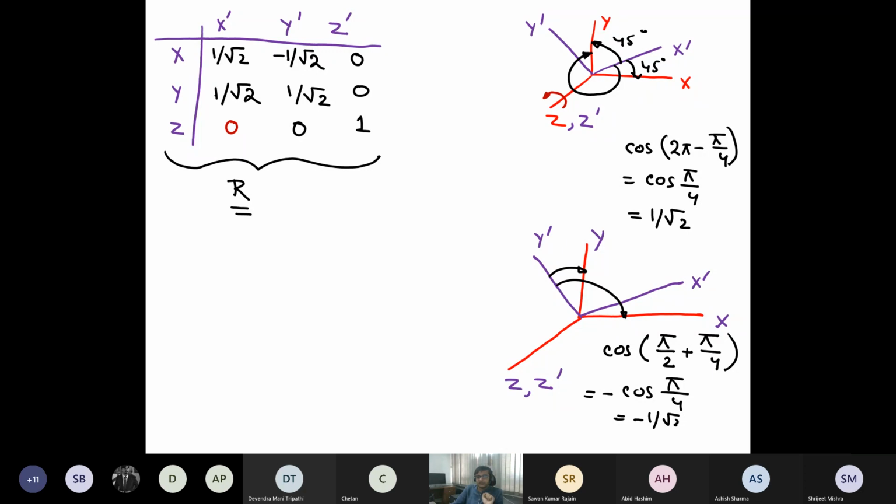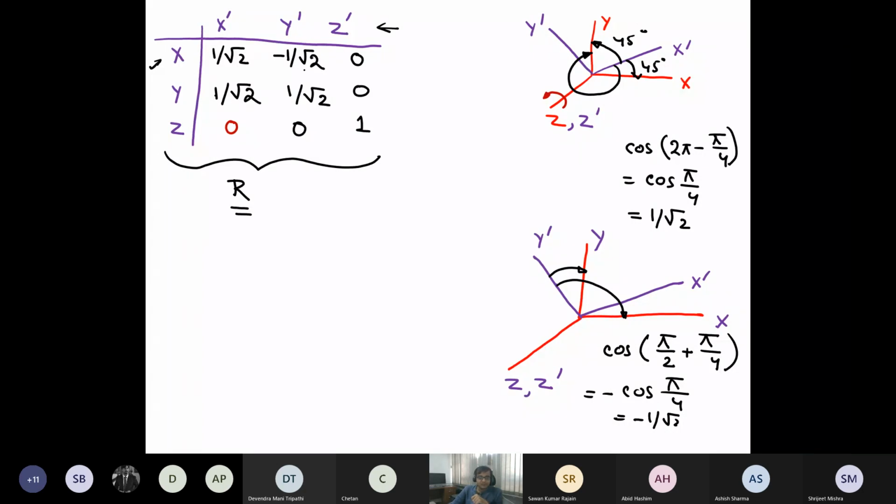Now remember one thing here: when you write the R, x prime, y prime, z prime is in here. If you write x prime, y prime, z prime here, then that will be R transpose. So be careful with how R is defined, because this is no longer a symmetric matrix. As you can see, the sign is opposite. This is an antisymmetric matrix.